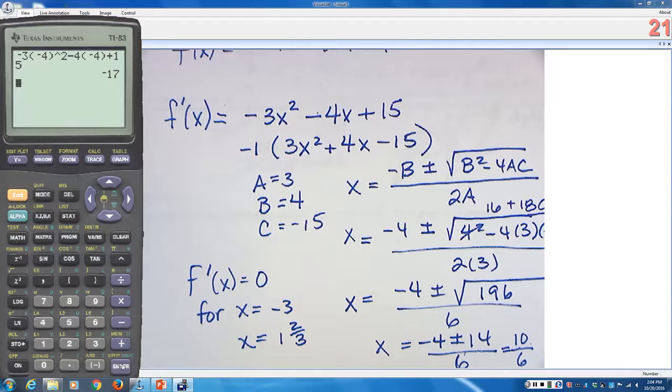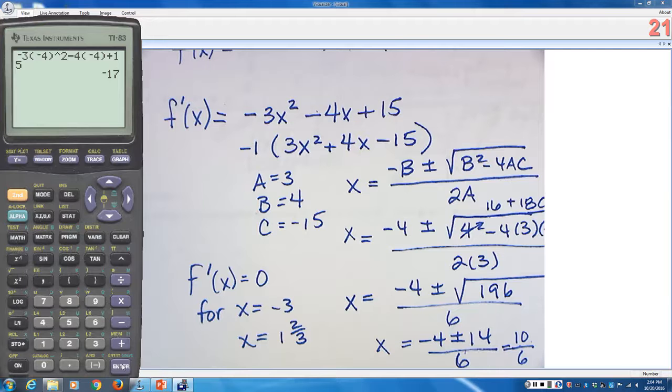That tells me that the derivative is negative on this interval. So for all the x values less than -3, the derivative is going to be negative, until it gets to -3, then it's going to be 0.